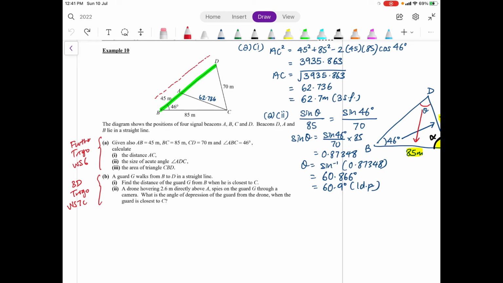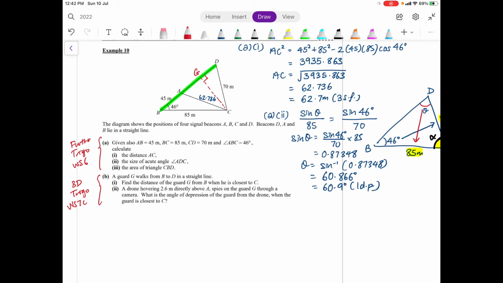I hope you say it is the shortest distance, the perpendicular distance. Okay, this position is when the guard G is the closest to C, because this is the perpendicular distance.